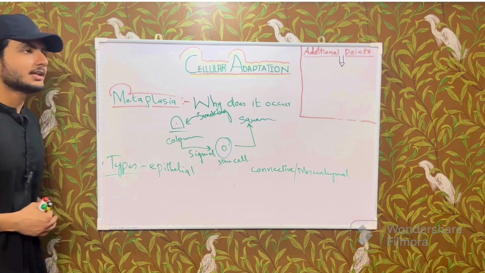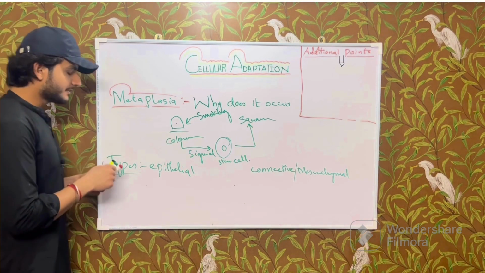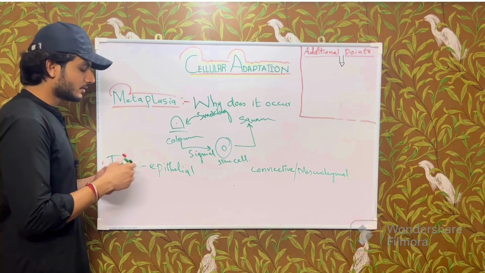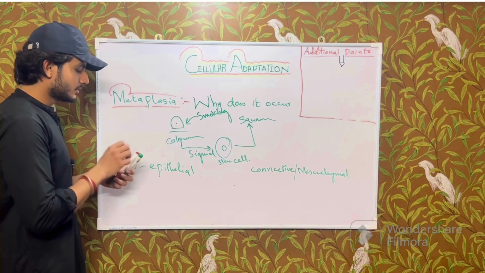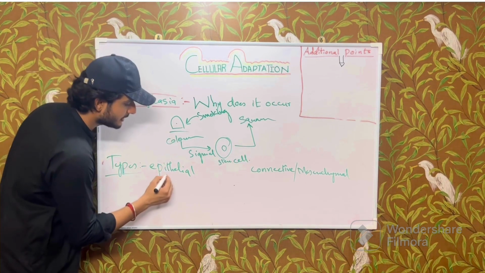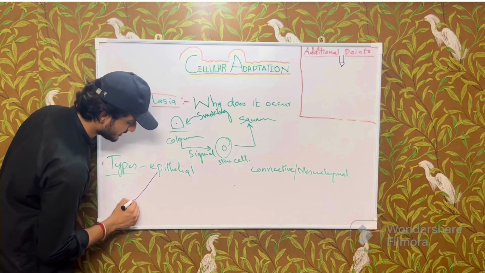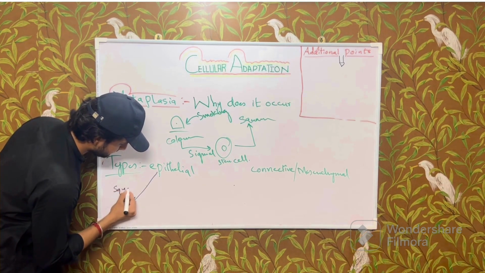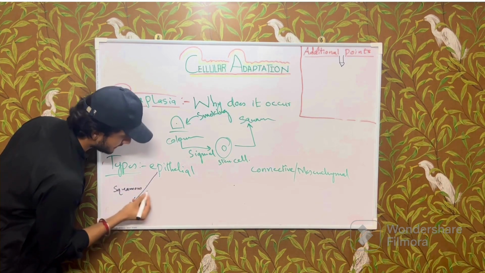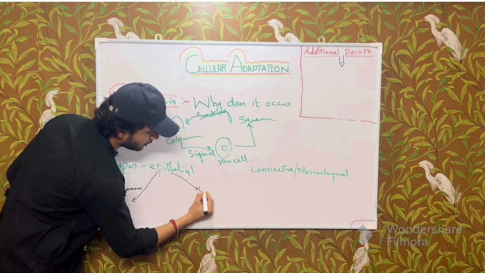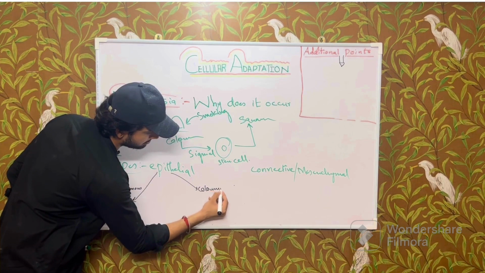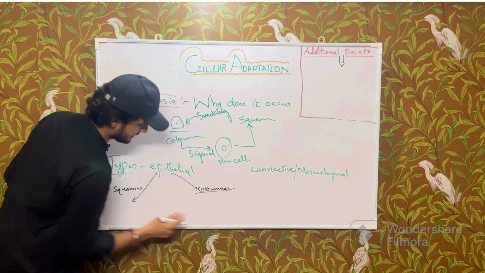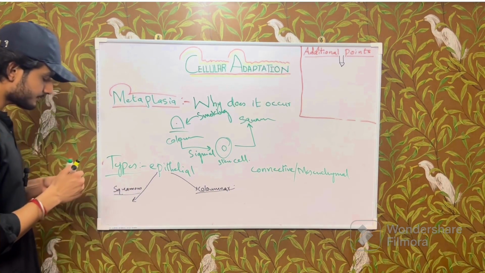Let's talk about epithelial metaplasia first. Epithelial metaplasia is further divided into two types. The first one is squamous, the second one is columnar. Okay, let's talk about squamous first.